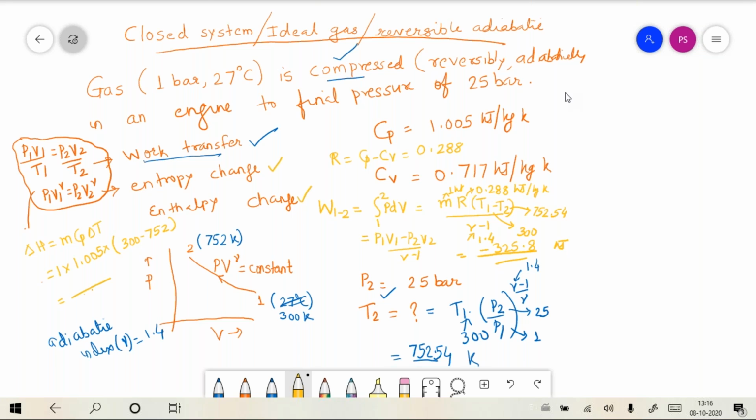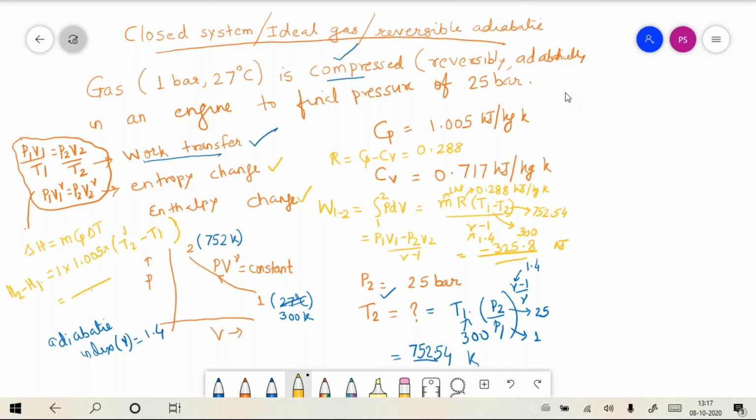Sorry, T2 minus T1, H2 minus H1. I'm sorry, it won't be negative. H2 minus H1, so it would be T2 minus T1, and obviously the enthalpy would increase. Why would the enthalpy increase? Because you are transferring work to it.